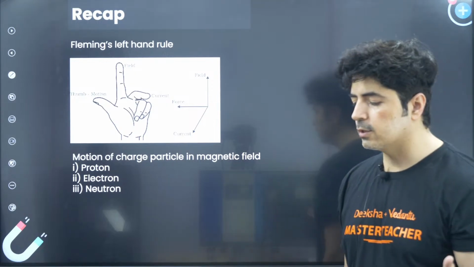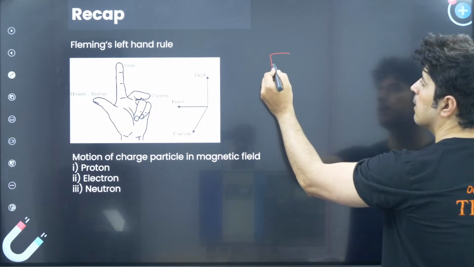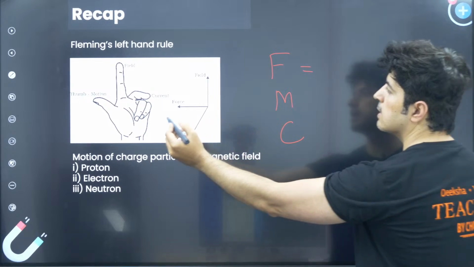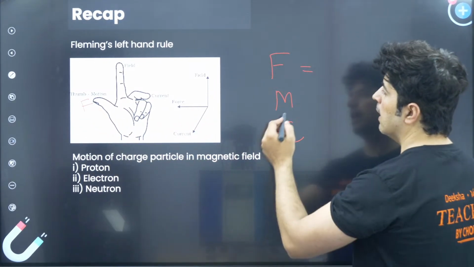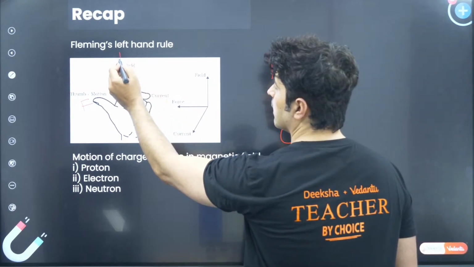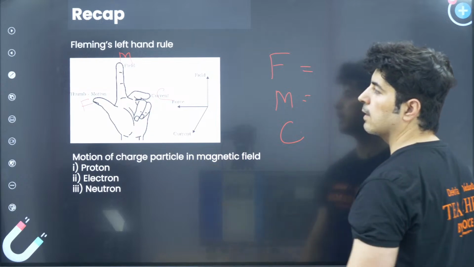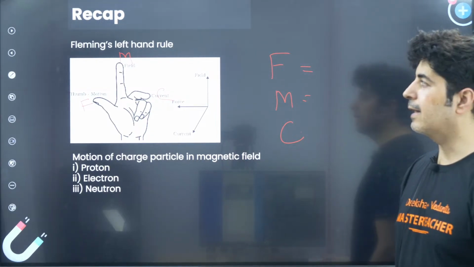Whichever you like, you can choose. In father, mother and child, the thumb is your father, F is force; M is mother, M is magnetic field; and C is child, current. Or you can remember FBI.